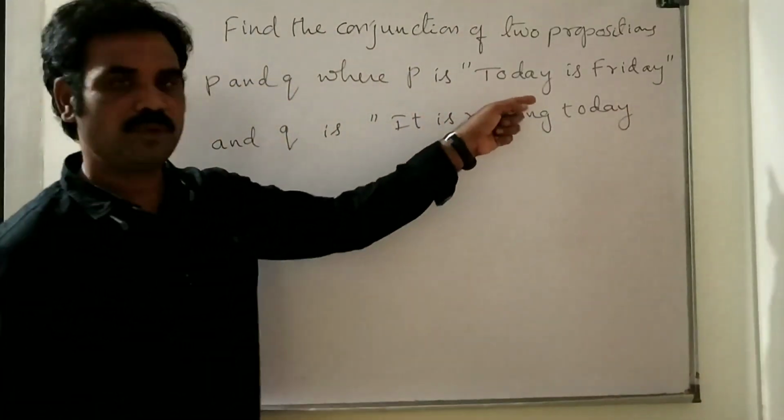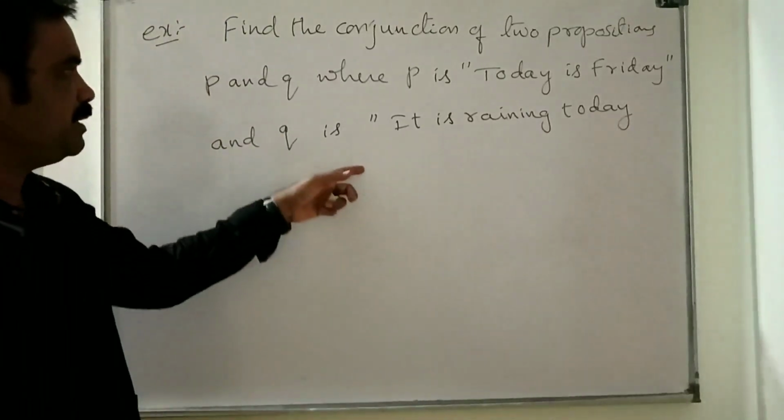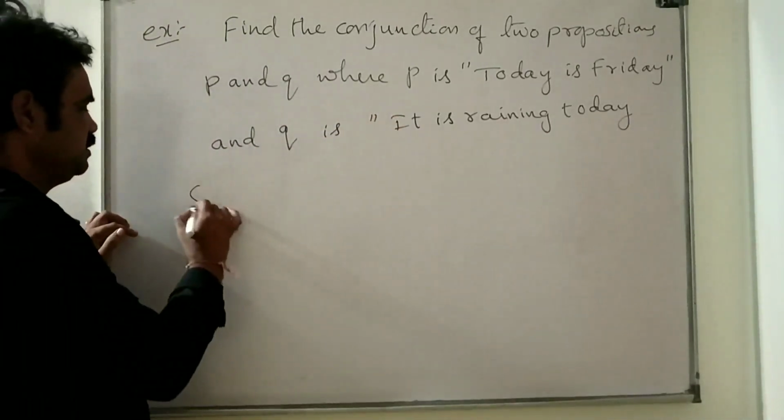P is the proposition today is Friday, and Q is the proposition it is raining today. Now we have to find the conjunction of these two statements.